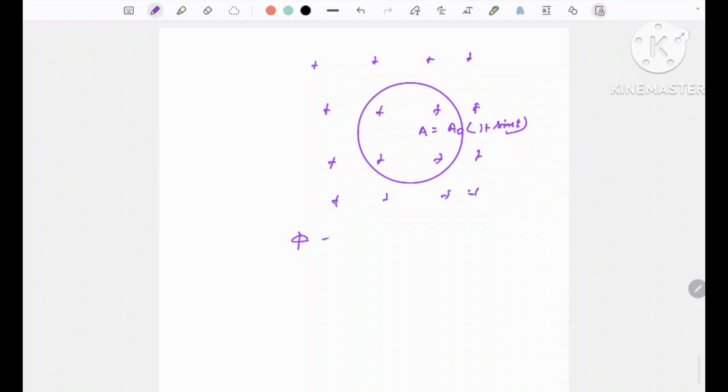The flux is B into A or B A naught 1 plus sin t.